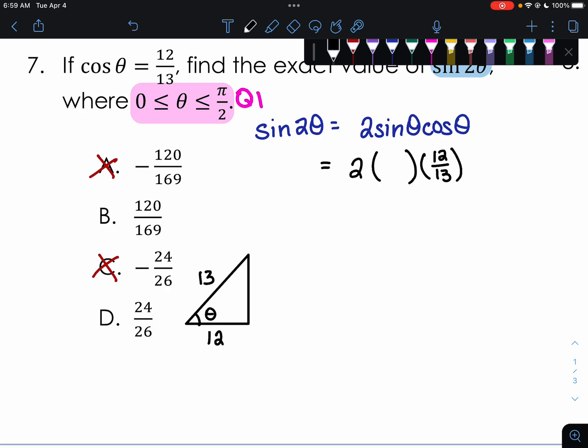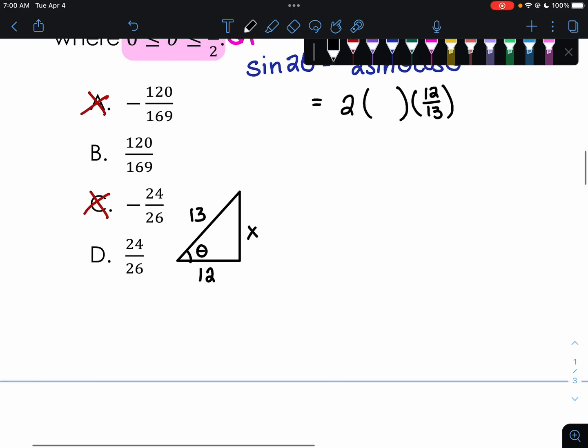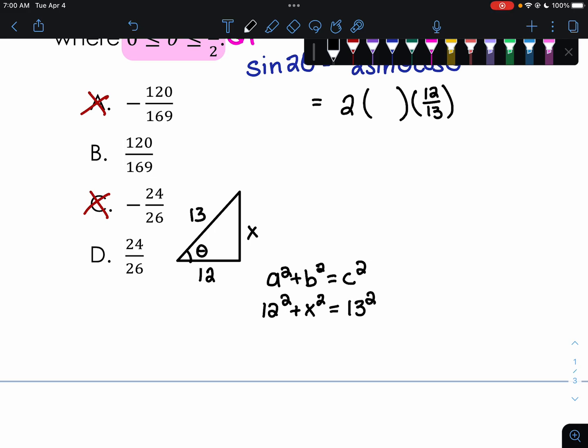If I want to find this side over here, I just use the Pythagorean theorem. So the Pythagorean theorem says that a squared plus b squared equals c squared. I know a is 12 squared. B, I don't know, that's our x squared. And c, we do know, which is 13 squared. So if I square 12, I get 144 plus x squared equals 13 squared, which is 169.